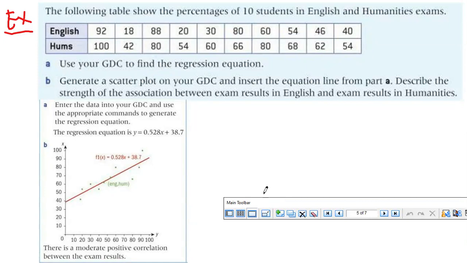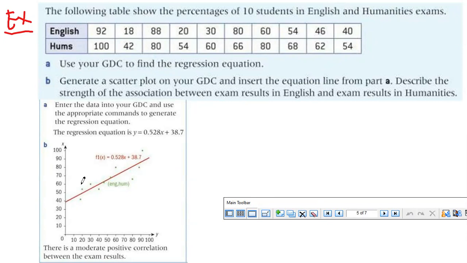So for example, if I have this data here, I can use my calculator. If I put in all the data, the calculator will give me the regression line. I can see that when I draw it, first I have the center of gravity, and then I graph it.